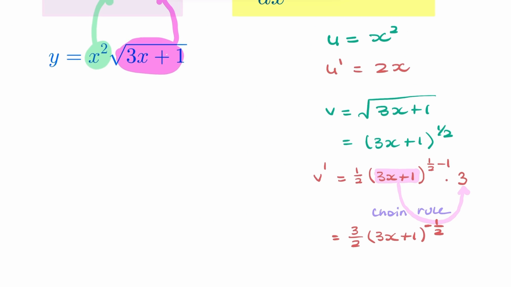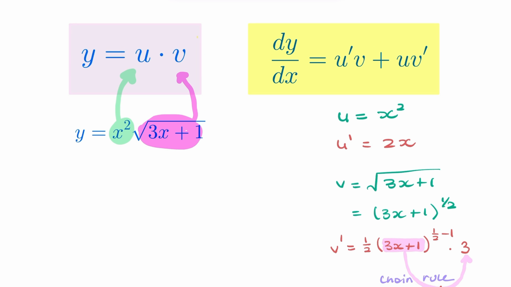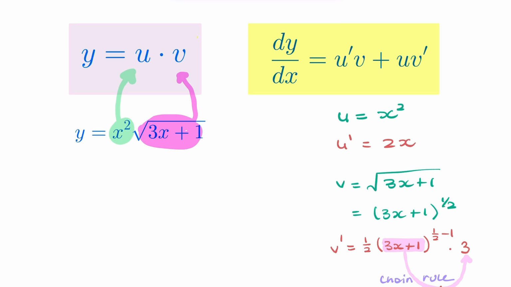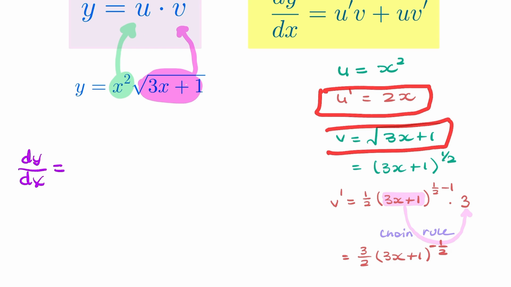So now we know u and u dash, v and v dash. We can write the expression for dy by dx using the product rule. So I can now say dy by dx is u dash v, so that's u dash, and that's v.